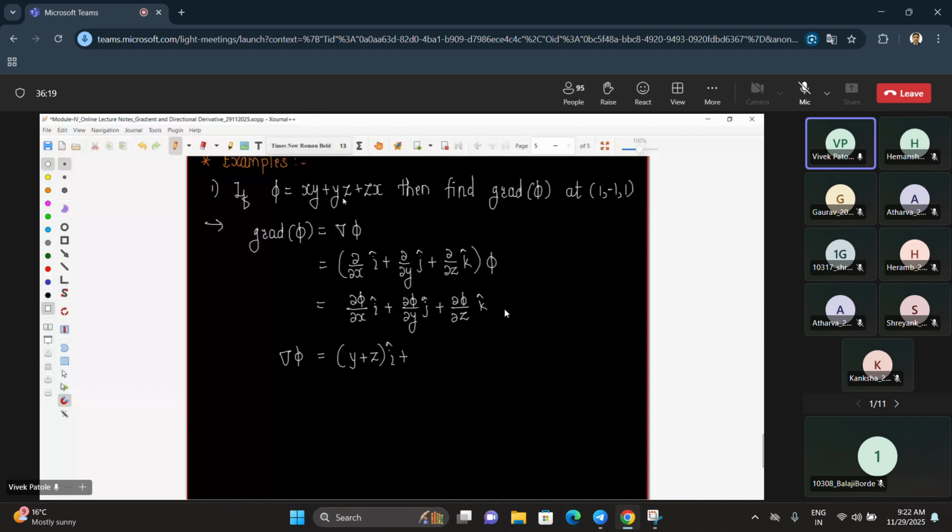We get ∂phi/∂x as y plus z, times i cap. For yz, its derivative with respect to x is 0. Here we remain with y. The partial derivative of zx with respect to x will be z. Therefore, we get here y plus z, and this i cap will be as it is, plus.